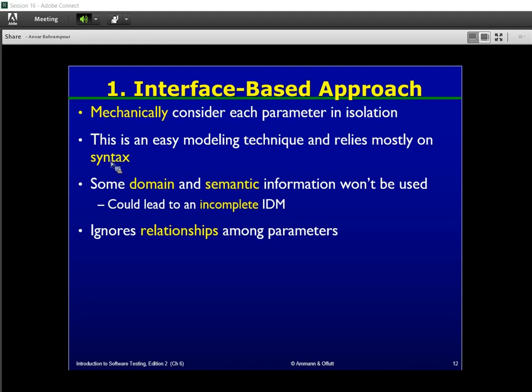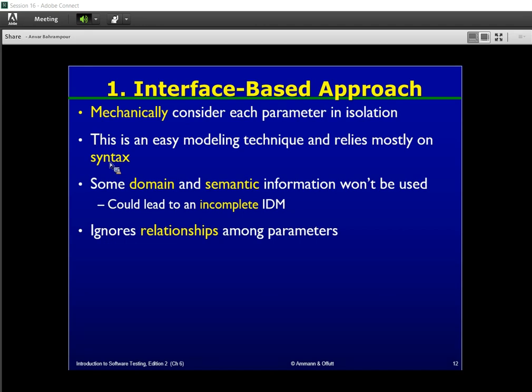In automation, we could review the definitions or interfaces of our methods and consider just their syntax.